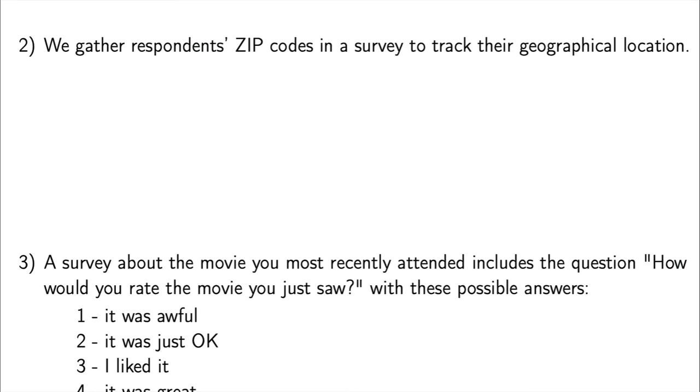And if one zip code is double another zip code, that's not really meaningful either. So even though it's described by a number, the numbers themselves don't actually mean a quantity. And so this is not quantitative. This is going to be qualitative or categorical.